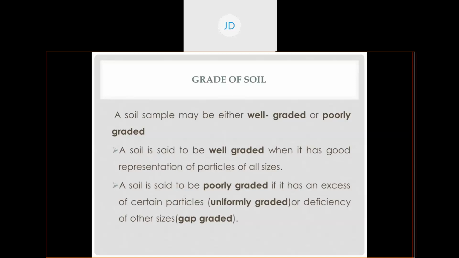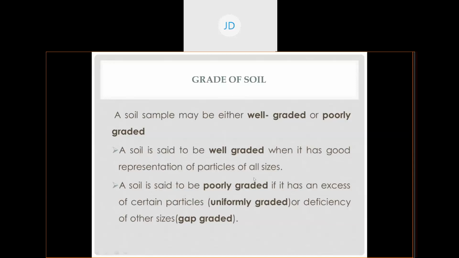So a soil sample may be either well graded or poorly graded. What is the difference between well graded soil and poorly graded soil? A soil is said to be well graded when it has a good representation of particles of all sizes. Good representation means almost equal percentage.